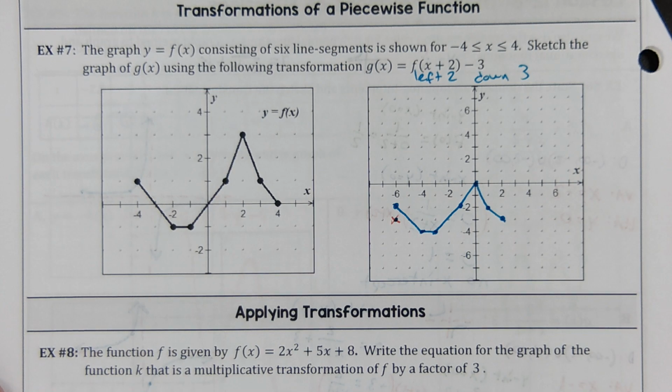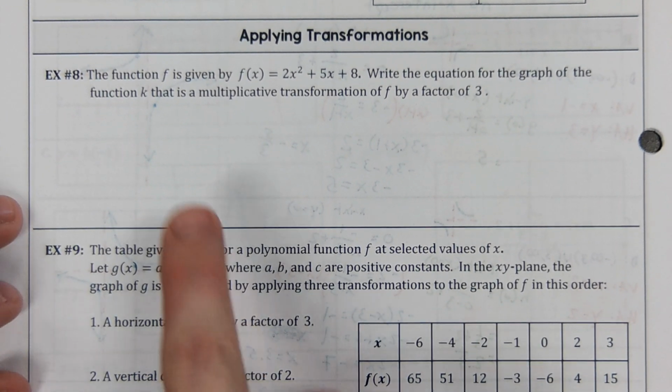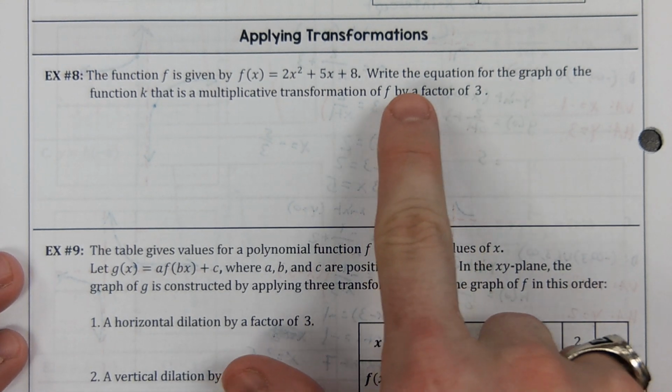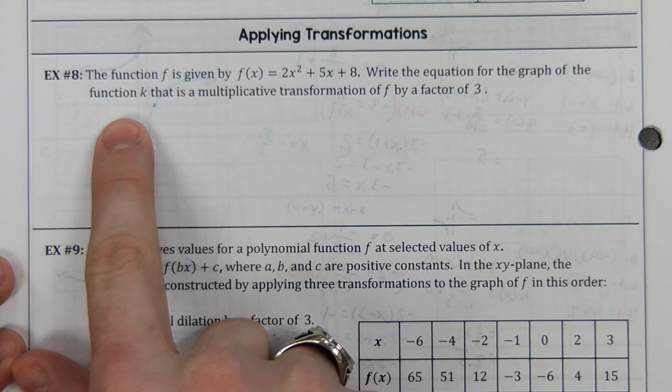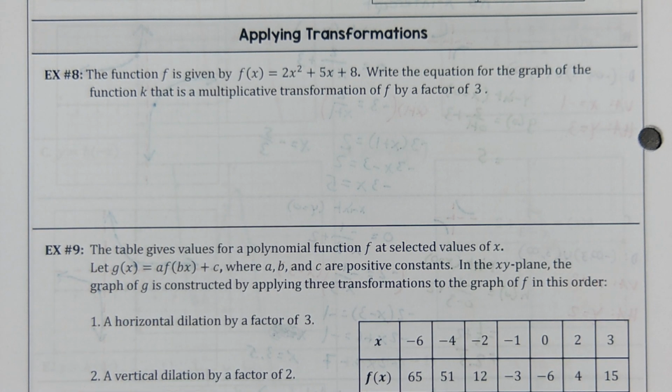What about words? It says take your function. Here it is. And we want to write the equation for the graph of the function k, a multiplicative transformation by a factor of 3. That literally means take all of your function's values and multiply them by 3.